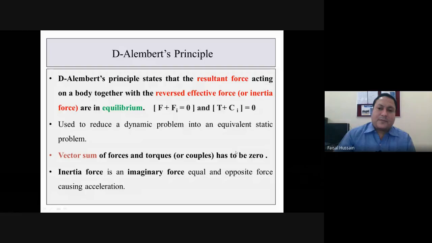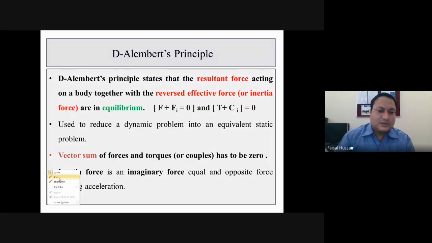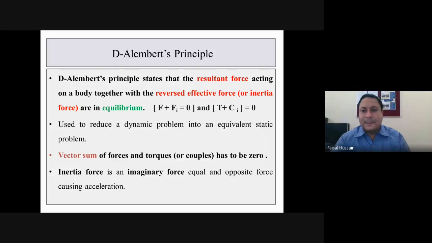So if I am dealing with the linear force, it will be F plus Fi. F is your accelerating force, Fi is your inertia force. So summation will be equal to 0. It is not necessary; more forces can come in this. Then torque plus Ci, the vector sum of the torques and couple will be equal to 0.